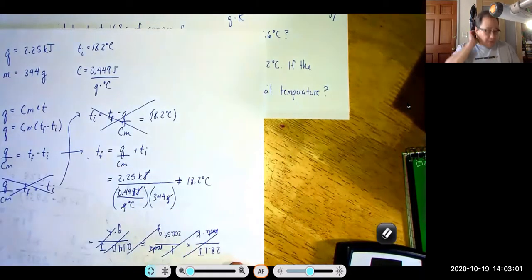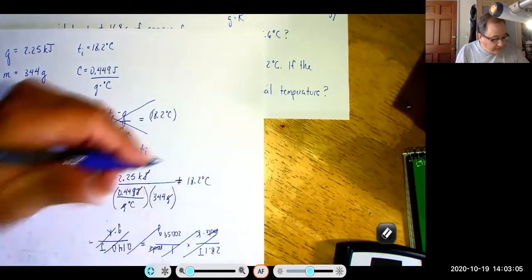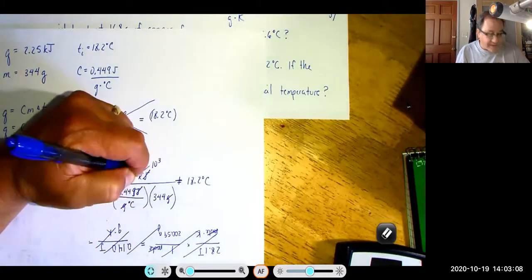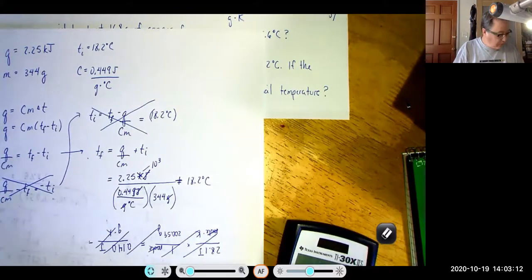Okay, so now I just have to put all these numbers together. Remember, this k, I can substitute 10 to the third for, because k means 10 to the third. So I've got 2.25 E 3 divided by 0.449 divided by 344.